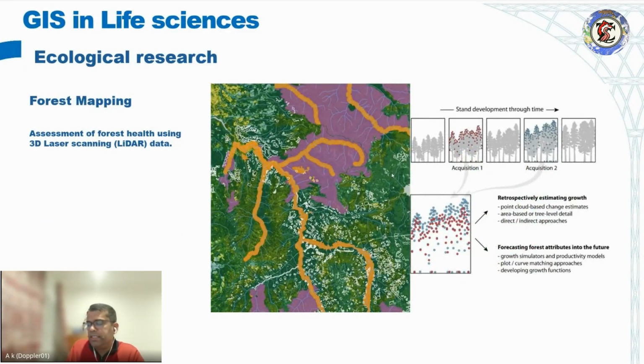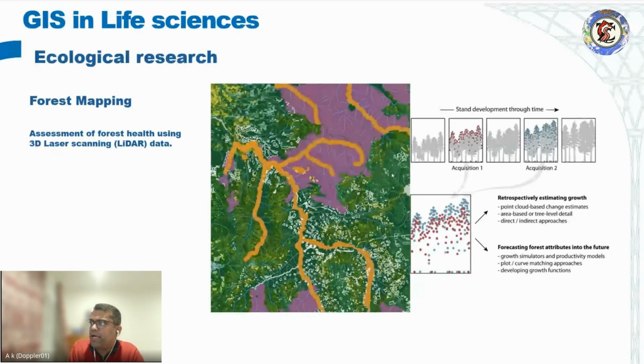I don't know who did this study, but this is again in India, where they used 3D scanning data, which is basically called LiDAR, laser scanning data. If any of you use an iPhone Pro, there is a 3D scanning sensor behind it, and you can create a 3D model of anything. It's something similar, but much more powerful and much more accurate. And the forest department used this, instead of manually surveying the trees for their health, vigor and state.